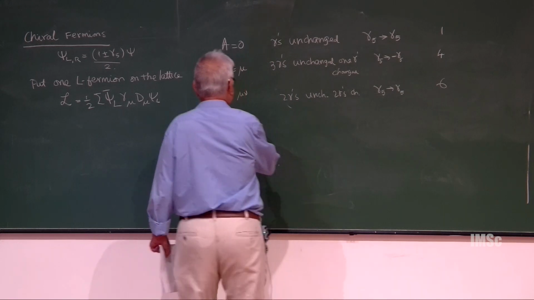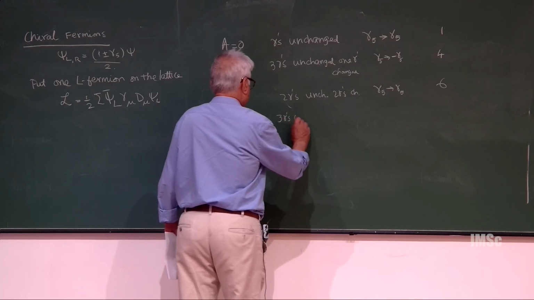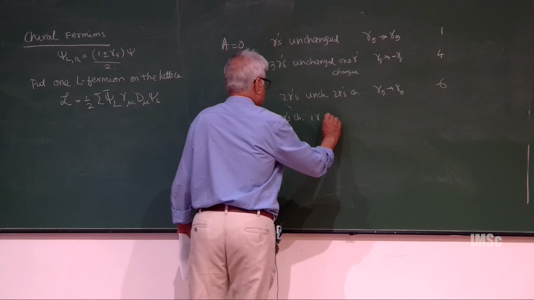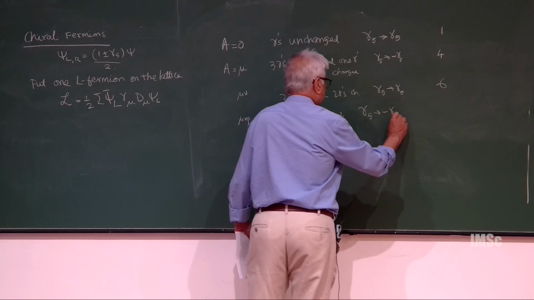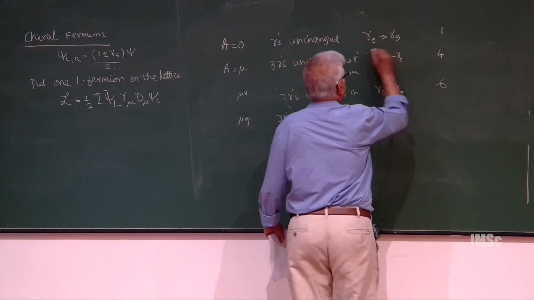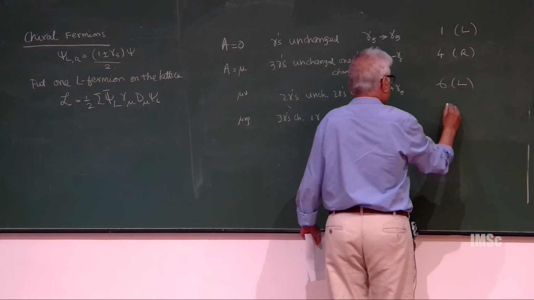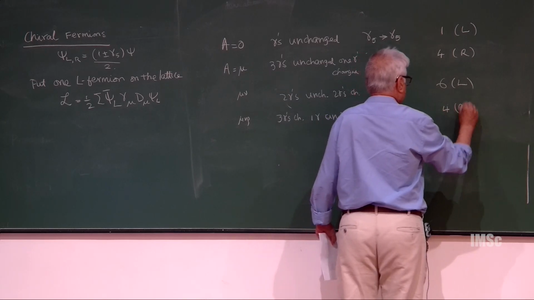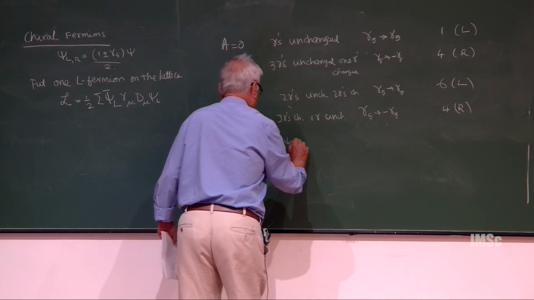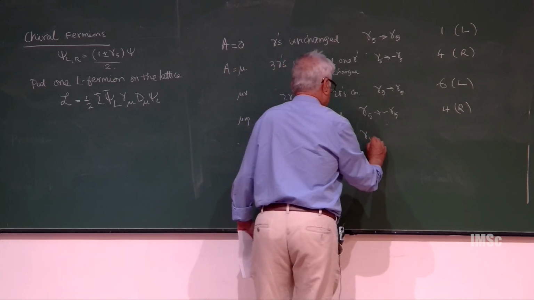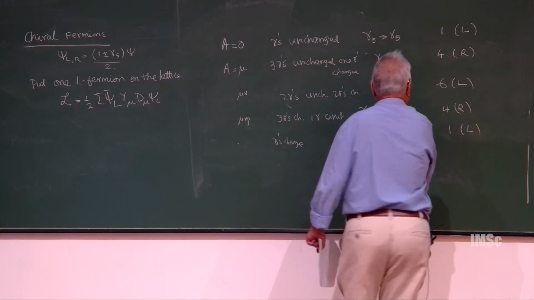At the third point, you're getting the drift now. 3 gammas changed, 1 gamma unchanged. Gamma 5 goes to minus gamma 5, and so this is right-handed, and there are 4 of them. And the last one, all gammas change. So gamma 5 goes to gamma 5, and this is 1, which is left-handed.